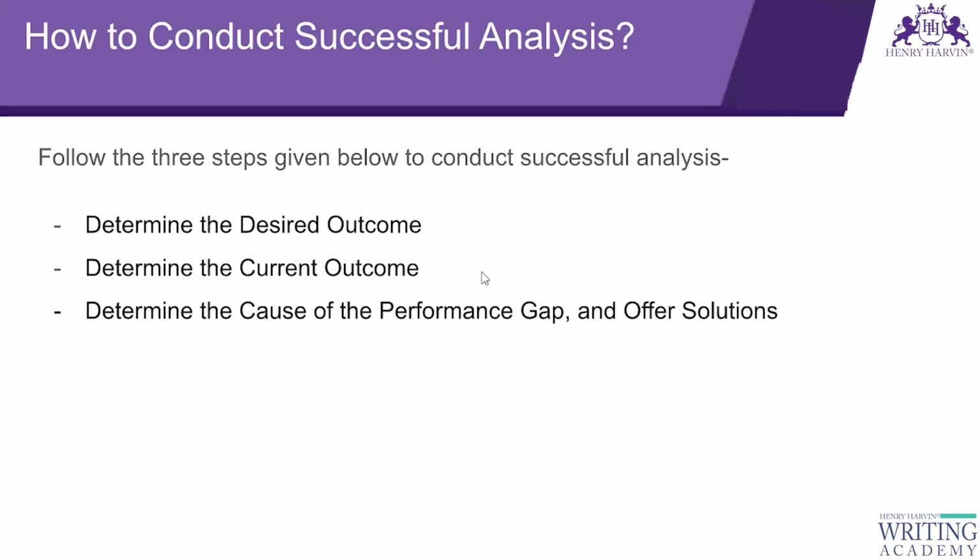Why has this performance gap happened? That's the reason we are planning for the training. Next, offer the solution for that performance gap. When you understand these 3 parameters, your analysis will become much easier.